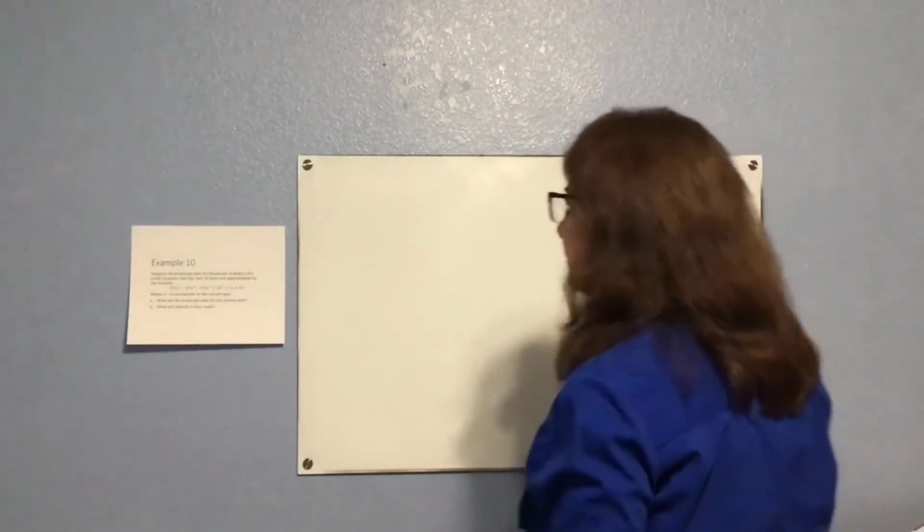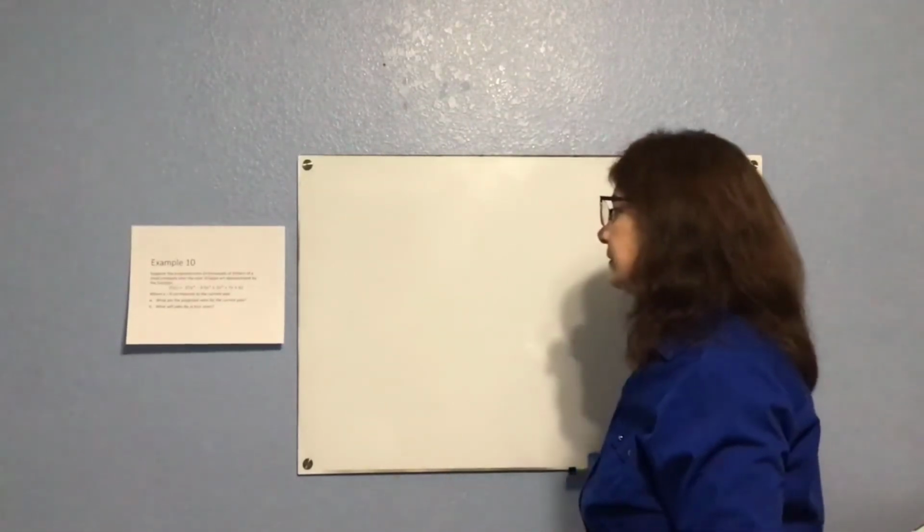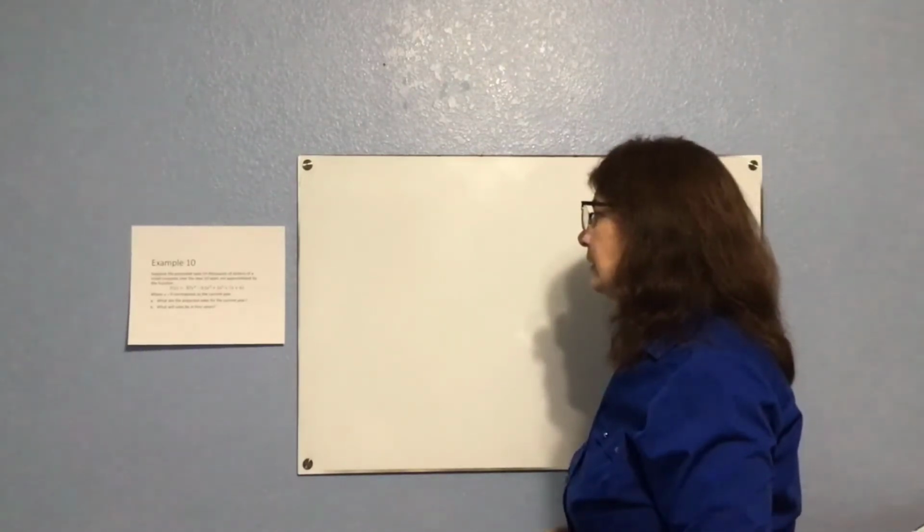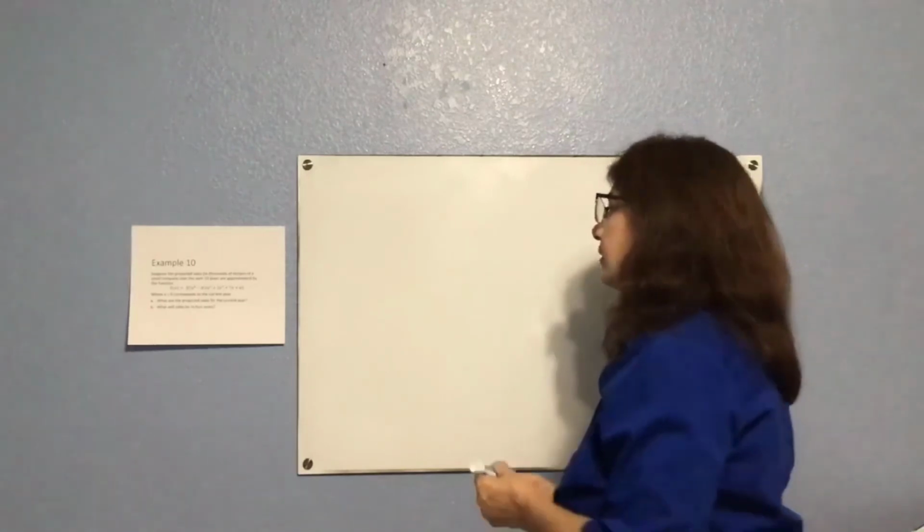Let's look at another example of a real-life application for a function rule. In this problem it says, suppose the projected sales in thousands of dollars of a small company over the next 10 years are approximated by this function.